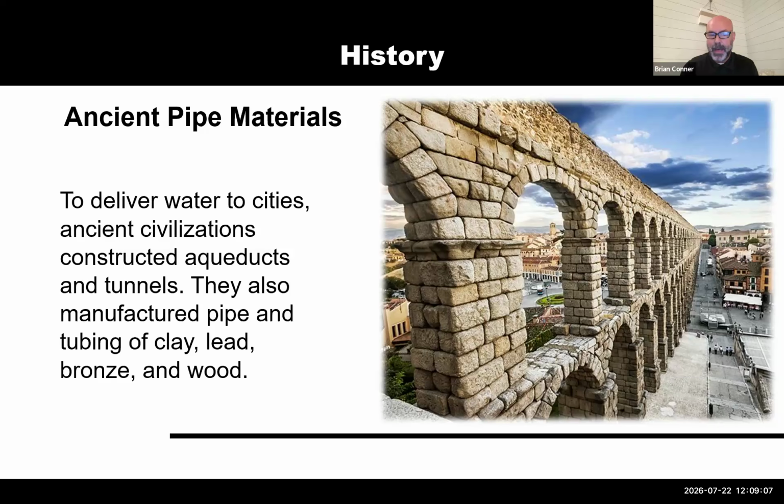They were constructing pipes using materials like clay, lead, bronze, wood, and other things. There's evidence of cisterns on the island of Crete that date back 4,000 years. The Egyptians actually had water piped into some of the pyramids in copper pipes or tubes. So it's really interesting to see.